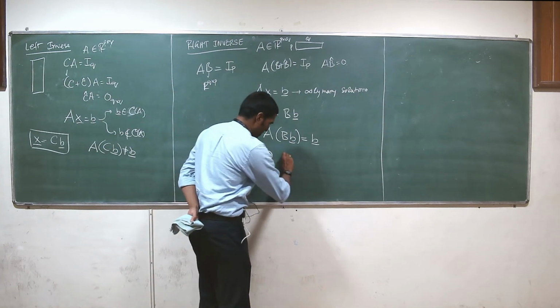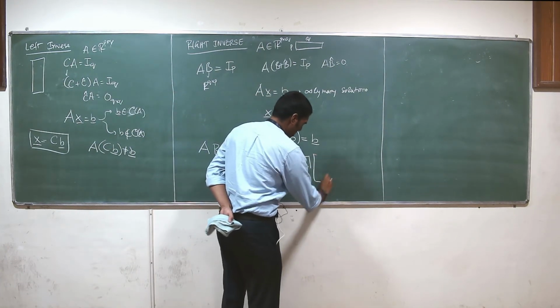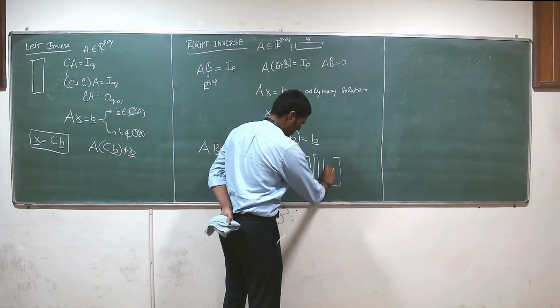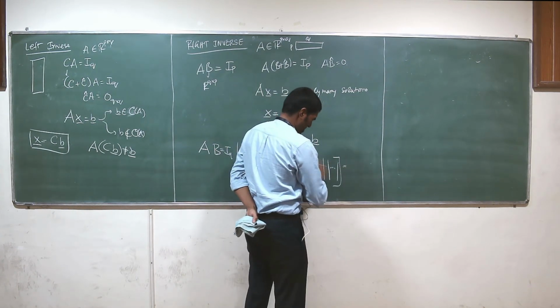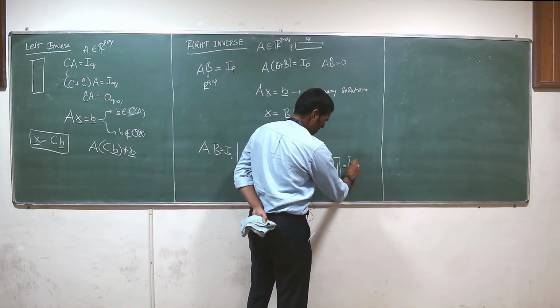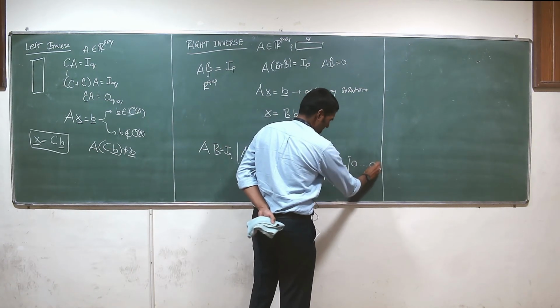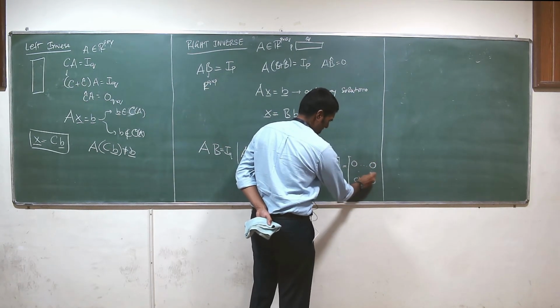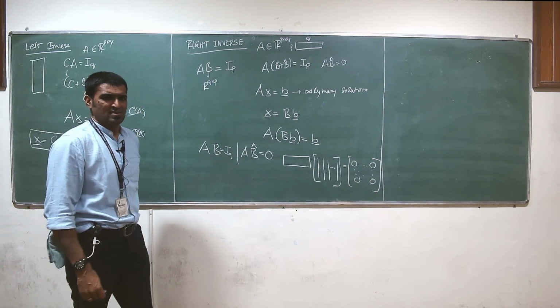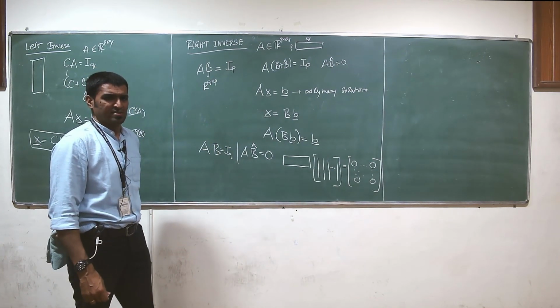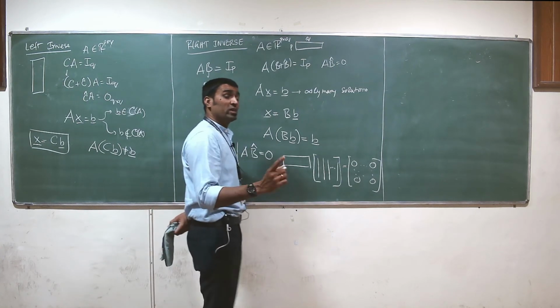So this is A, and then your B is like this. It's got a set of columns, and if you multiply them all out, you get all zeros. Exactly. What is orthogonal?